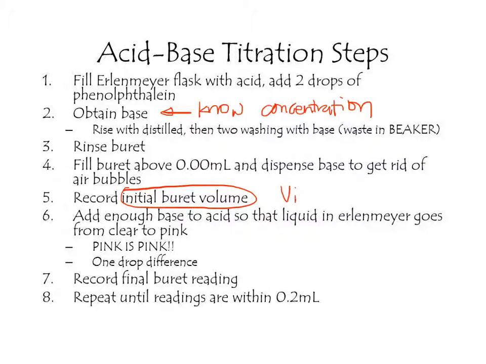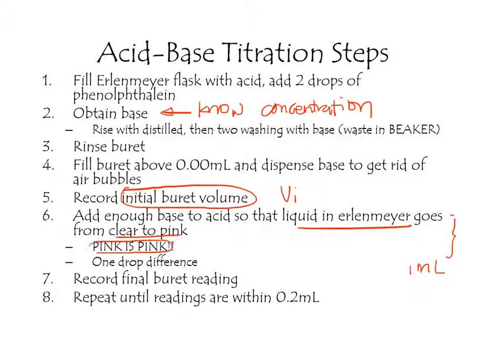And now that you've set everything up, you can go ahead and do the titration. Now you're going to add your base into your acid, and I typically would say only add it by 1 mL at a time until you see that the solution in the Erlenmeyer flask goes from clear to pink.